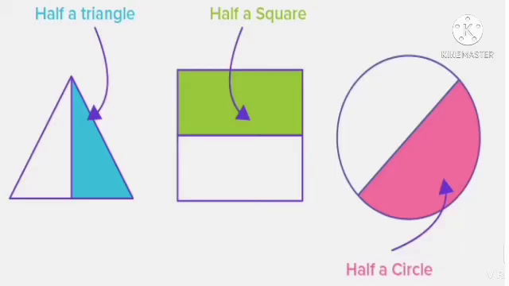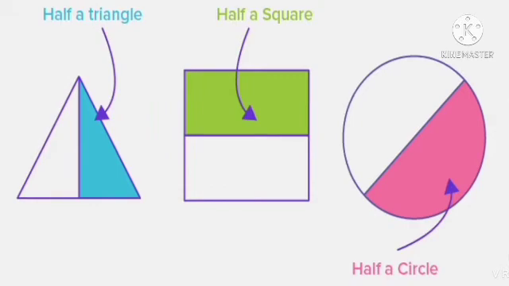Children, now let us see half, the fraction half, 1 by 2. The shapes given are triangle, square, circle. The shapes are divided into 2 equal parts, isn't it? In the 2 equal parts, one part was shaded. The shaded portion was 1/2 and the unshaded part was another half.